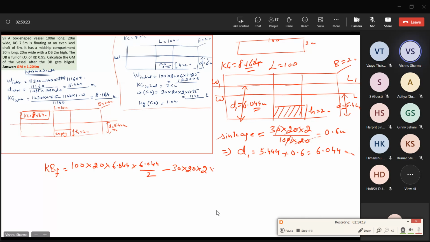Its lever will be 1. Divided by the volume of displacement, 100 into 20 into draft. Be careful. The draft of the intermediate condition before bilging was 5.444. This will be the KB of the vessel after bilging.